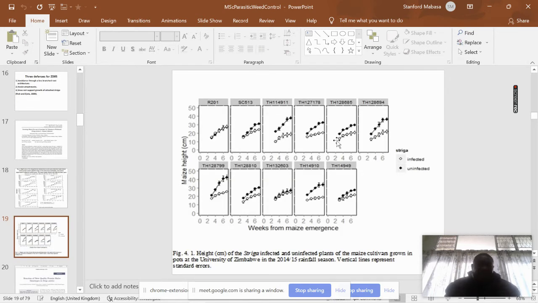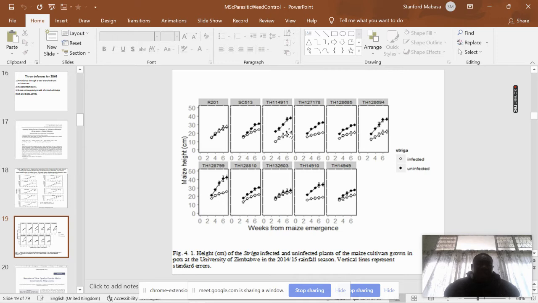Here you can see R201. You cannot differentiate between the two lines, one for the Striga infected maize and the one which is not infected, which means R201 is extremely tolerant to Striga infection. Look at the other varieties with the big gaps.